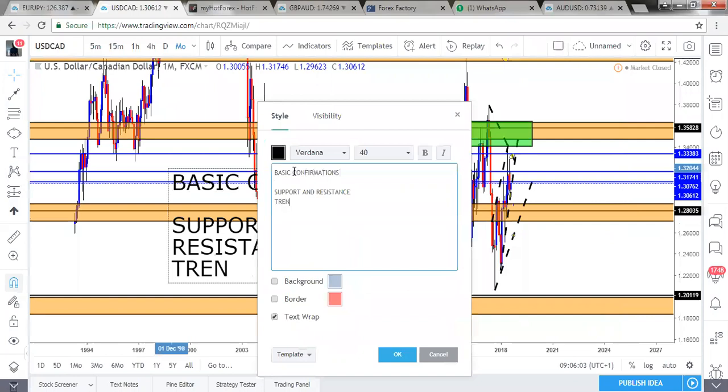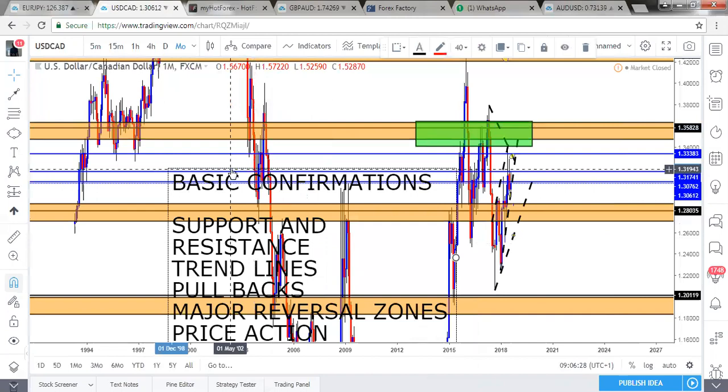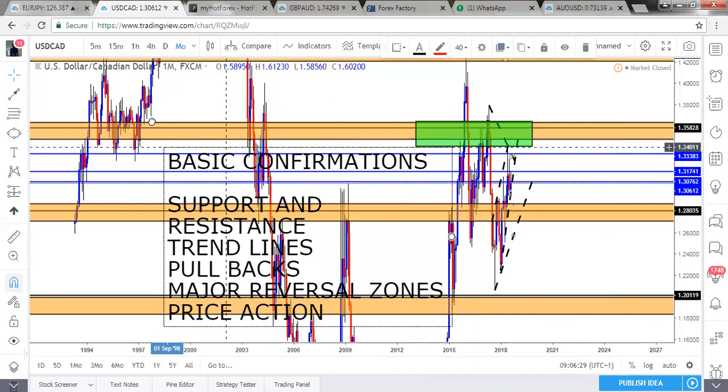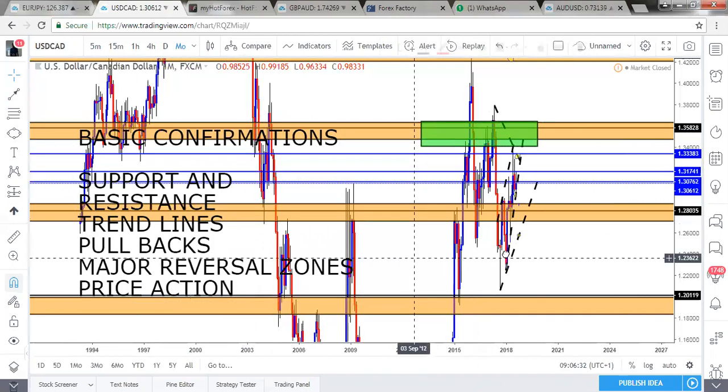You have to draw your trend lines. You need to check for pullbacks, the major reversal zones, and price action. When all these are confirmed by you, you're okay with them, then you can go ahead and take the trade.